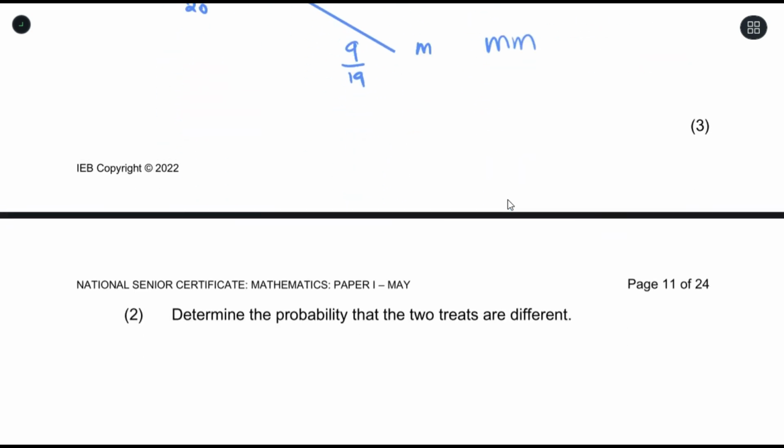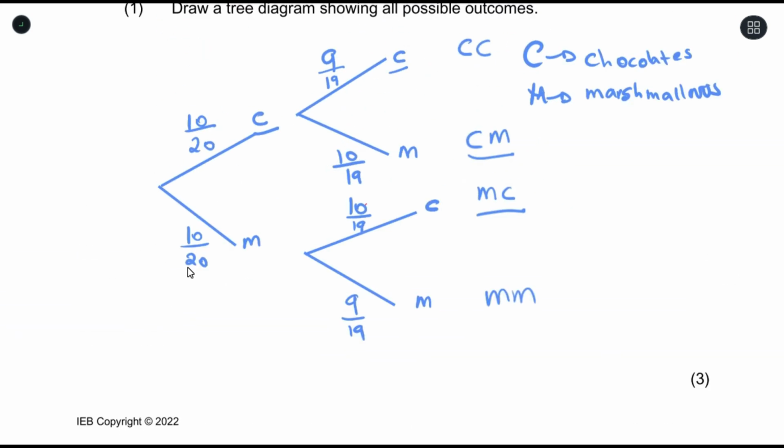Okay? So the probability of the two treats being different is the probability of choosing marshmallow and chocolate, or the probability of choosing chocolate and marshmallow. For chocolate and marshmallow, we multiply this and that.